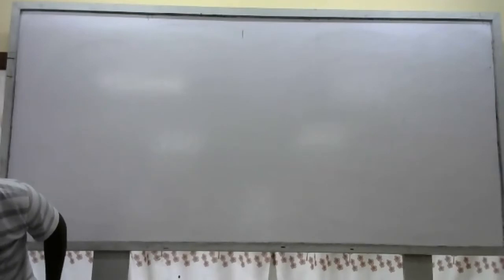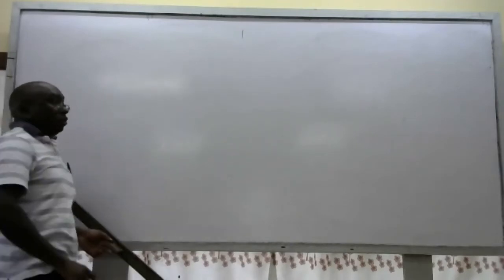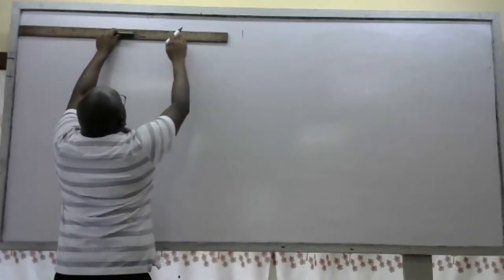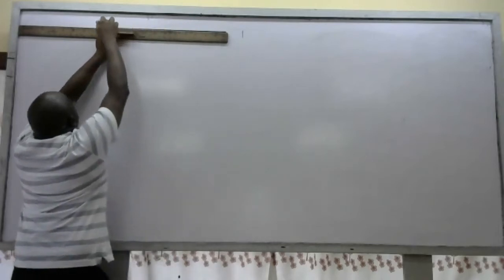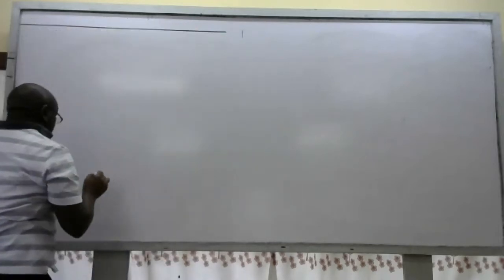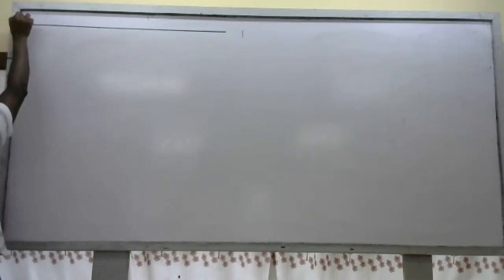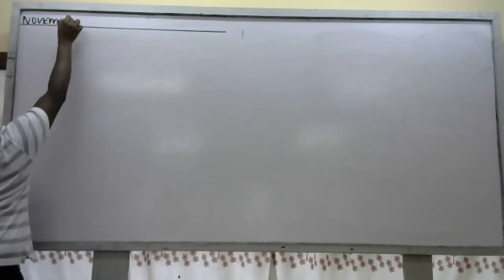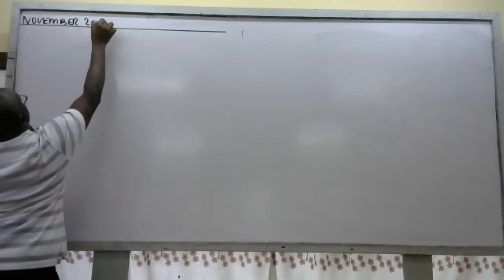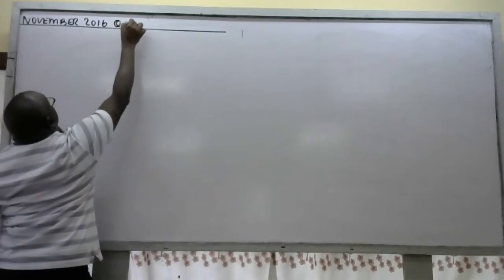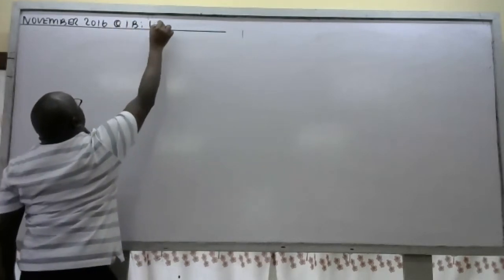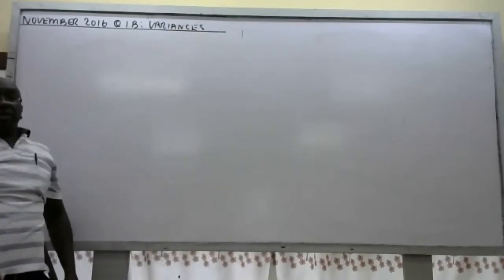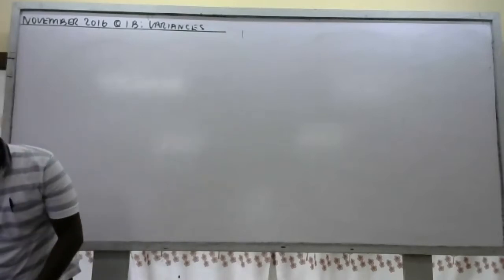So the next question is November 2016, question 1B. That question is on variances.